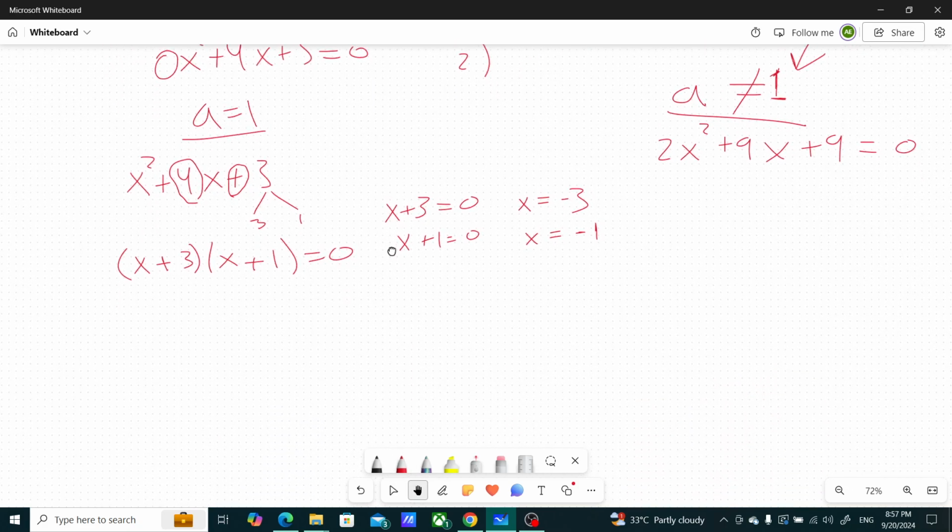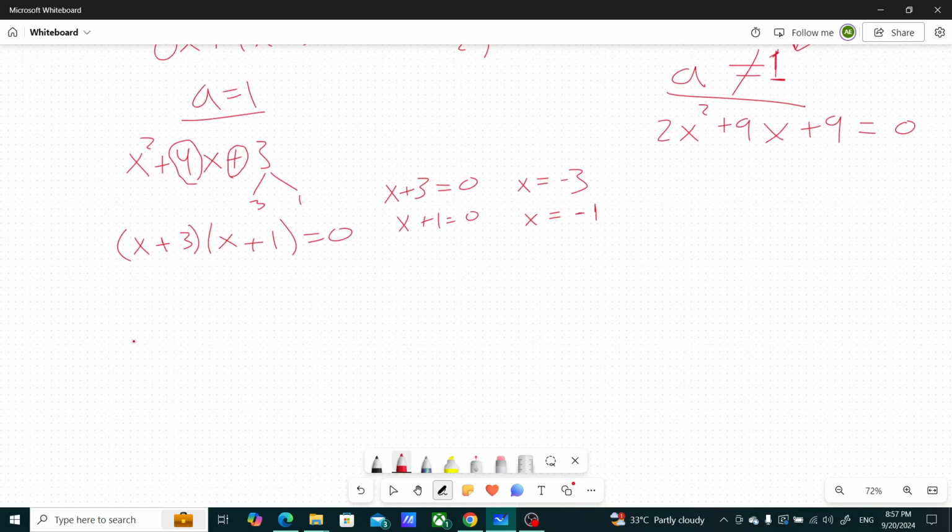Okay, let's take another example. Let's take x squared minus 6x plus 8 equals 0. This is the second example. The first step is always to check this sign. It's a positive. I need two factors that will add up to 6. I know that 2 times 4 is 8 and 2 plus 4 gives me 6.